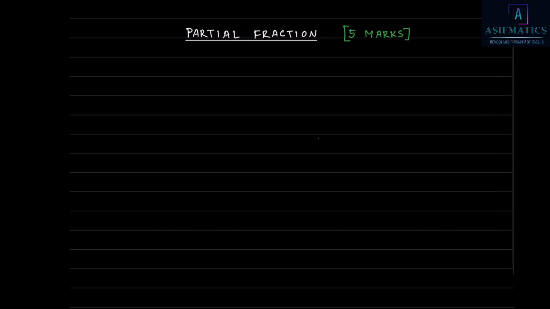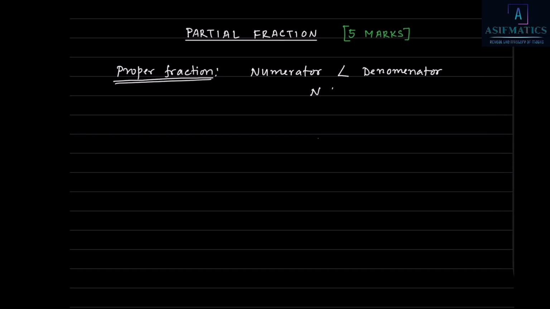So proper fraction, what does it mean? The proper fraction means your numerator value should be less than denominator value. We write like n should be less than d. What does it mean?